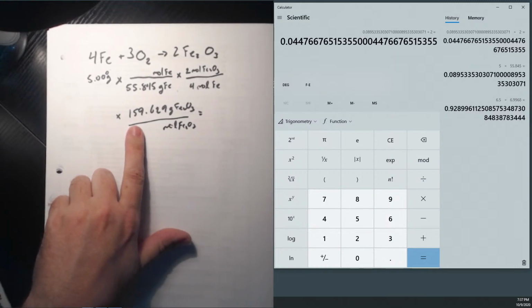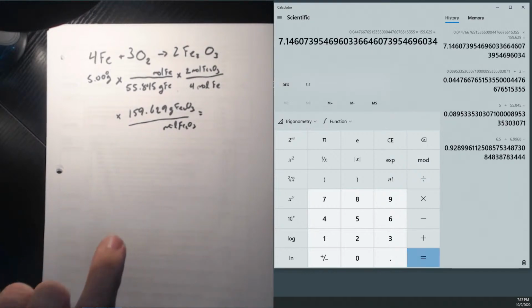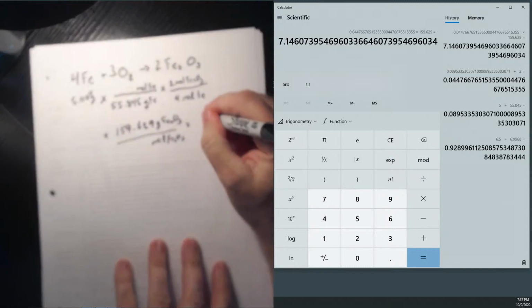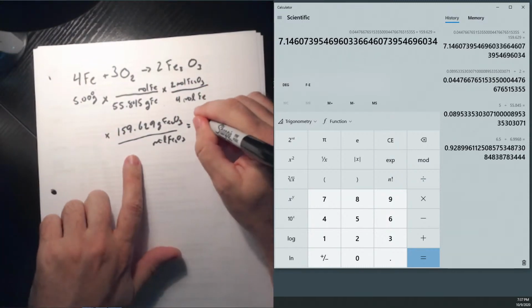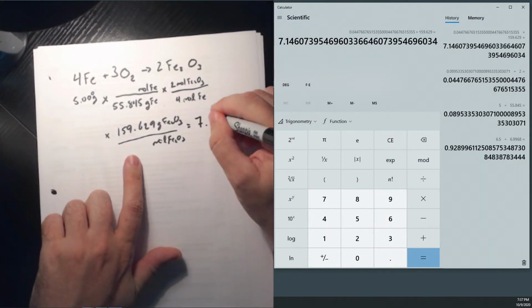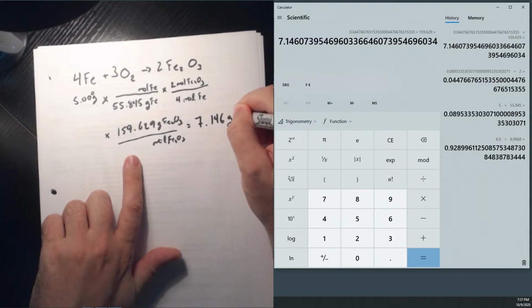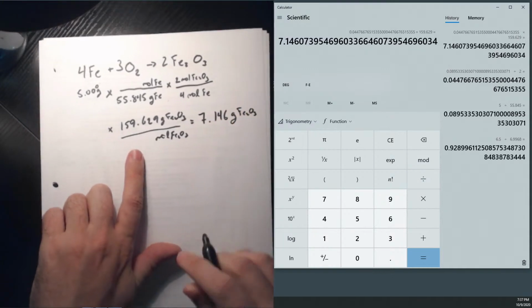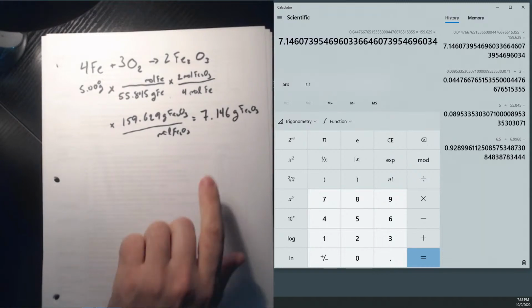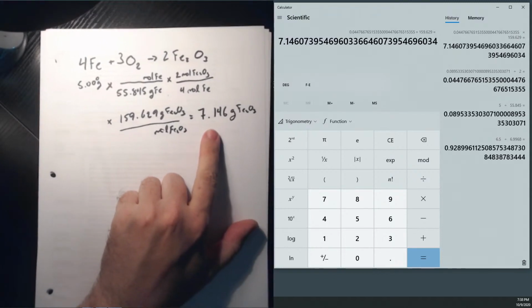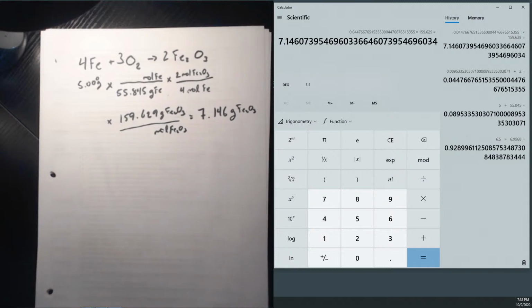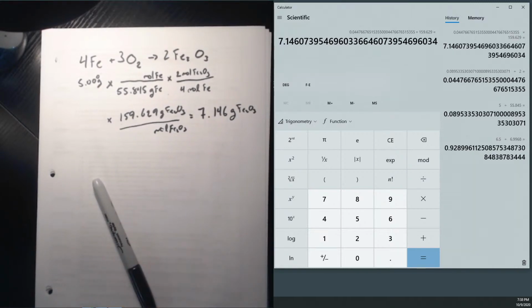And then we convert to mass, times 159.629. Means that 5 grams of iron, when it rusts, will have a mass of 7.146 grams. It will have gained a little bit more than 2.14 grams of mass from the addition of oxygen.